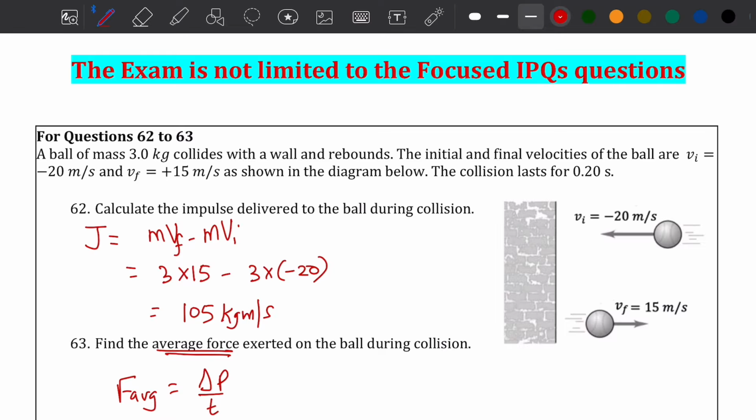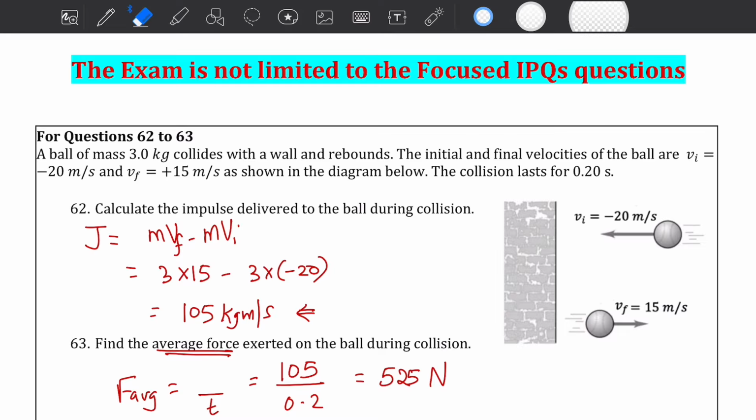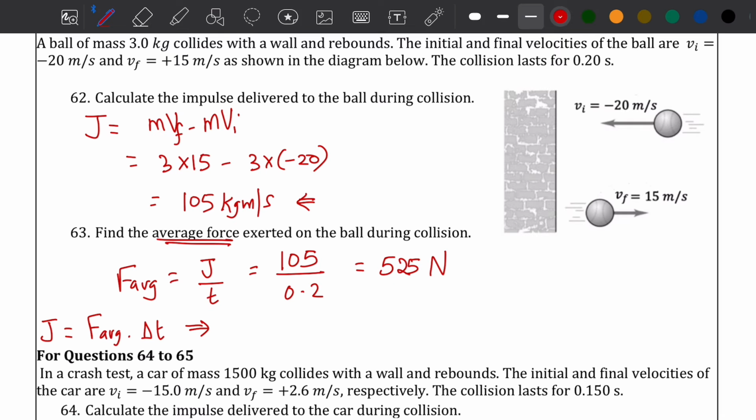We need to know that impulse is change in momentum, so I'm just writing it as delta P instead of writing impulse, because both of them are the same. So we actually calculated delta P, which is impulse here. So we are going to write that as 105 over 0.2. The time is given to us, which will come out as 525 Newton. If you want, you can write J instead of delta P, if that makes it easier.